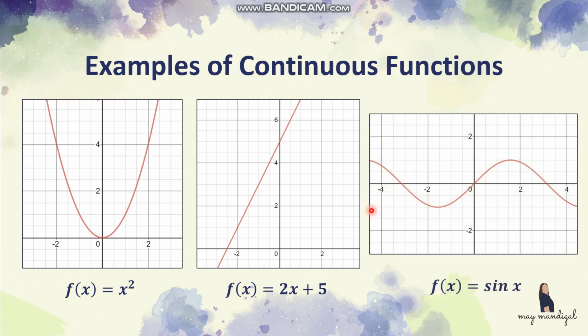And the last example is sine of x. The function sine is also continuous. As you can see, I can trace it without lifting my pen. And as we remember, the domain of sine is the set of all real numbers. That means sine is defined for all real numbers, so there will be no breaks or holes in our graph.